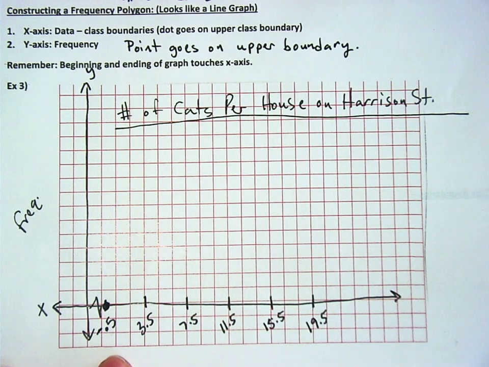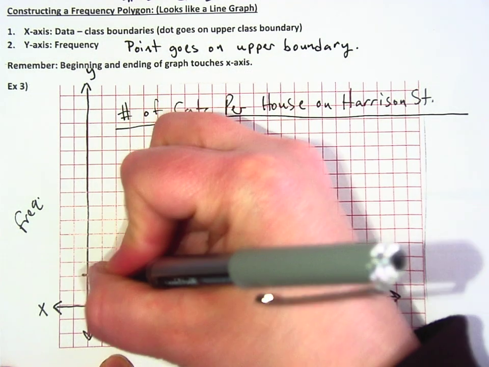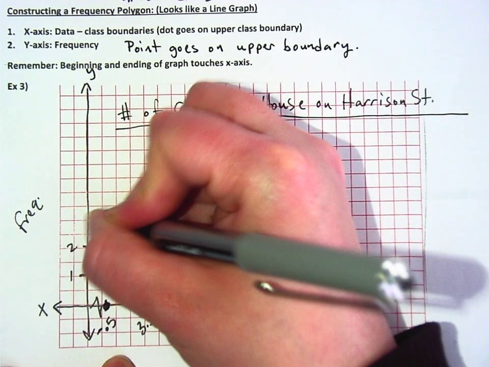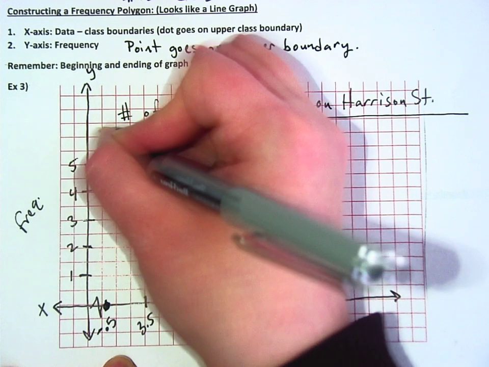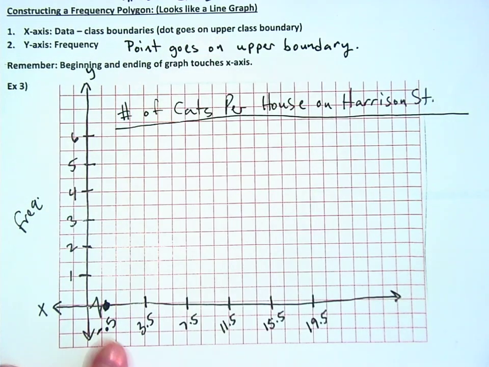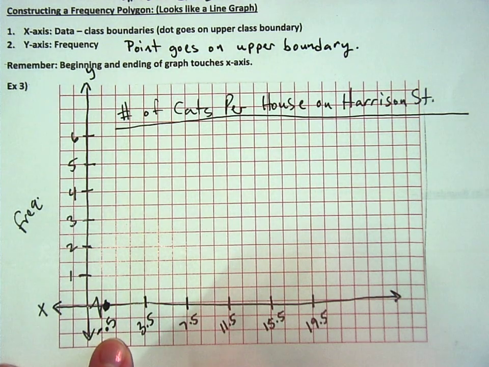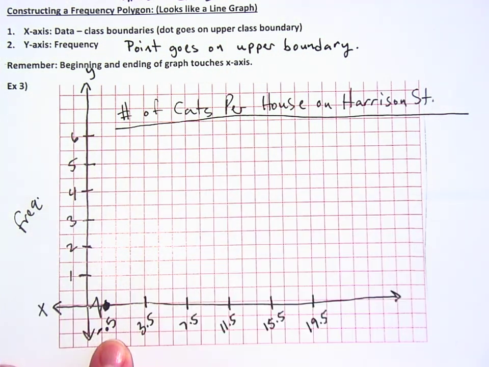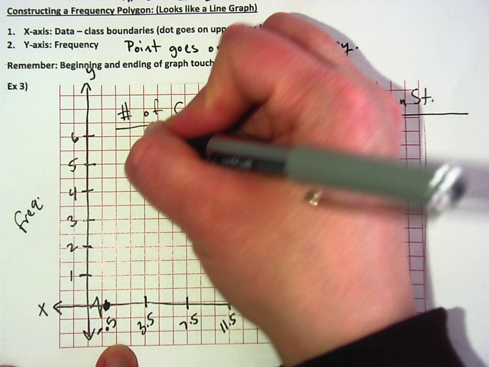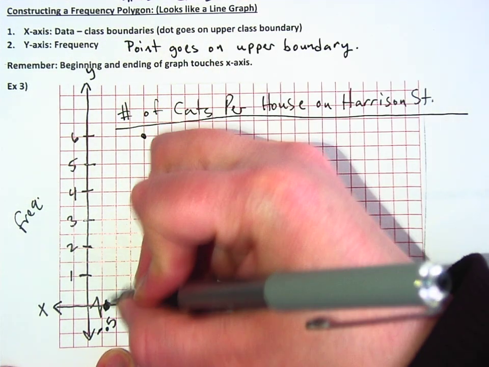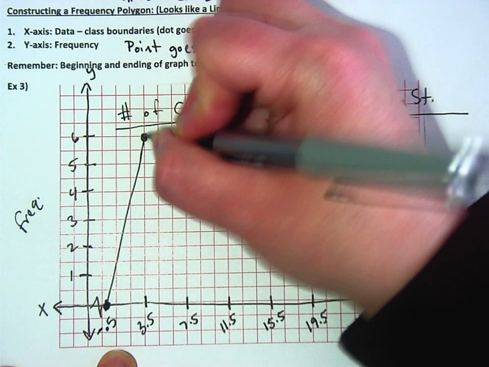And then my first class had 6 in it. It started at -0.5. I meant 0 on the y. Oh, I see. And then the second one is 6, so that's immediately going to zoom up to 6.